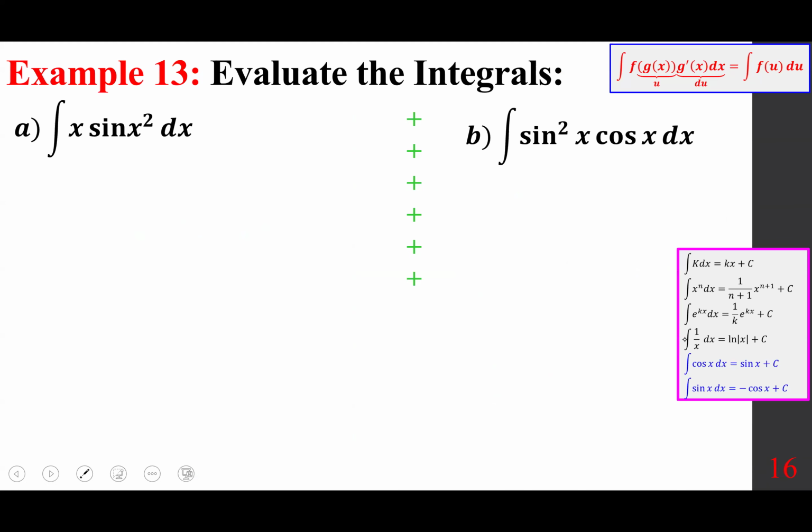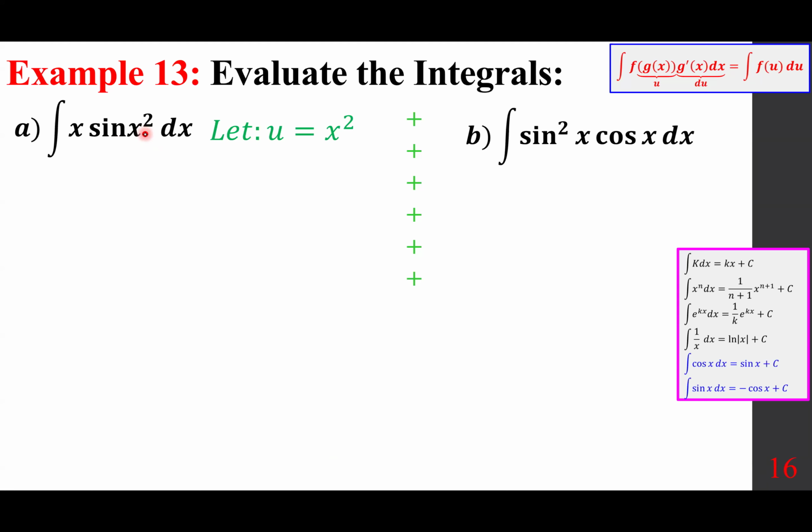We are looking at sinusoidal functions. Again, we have them next to each other for a simple reason. When you have either sine or cosine, just one of them, and the argument as an exponent, the argument is a choice of u. Its derivative is 2x.